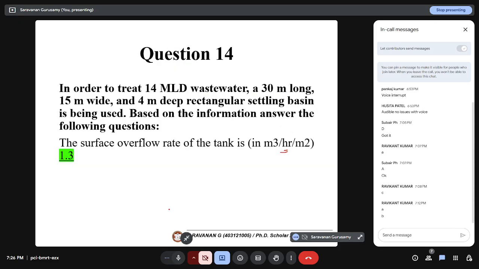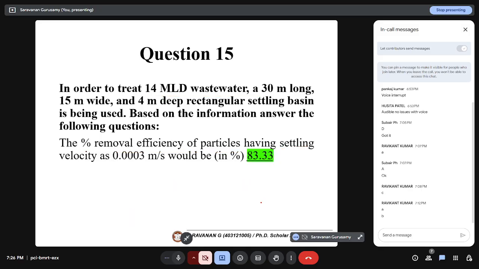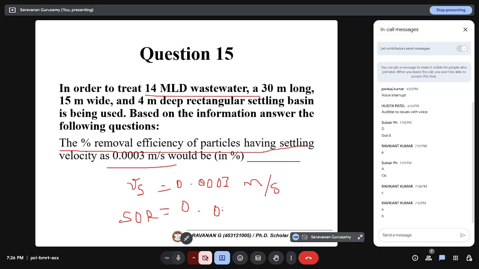I have calculated here 1.3 meter per hour. So if you convert to second, it will be 1.3 by 3600. 0.0000361. So see, 0.0000361.